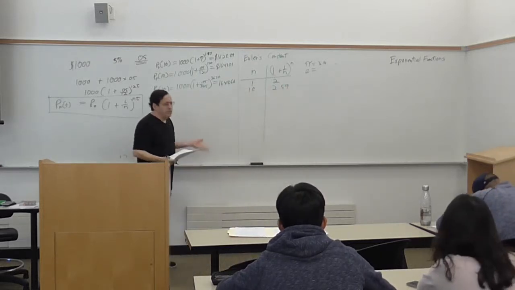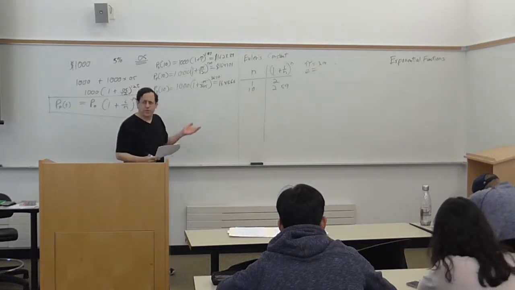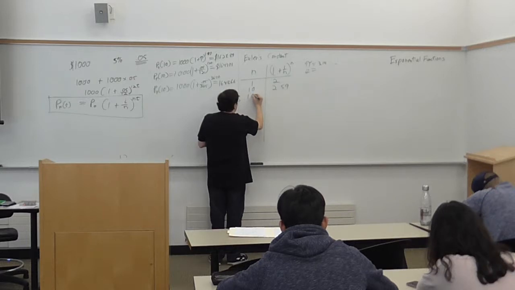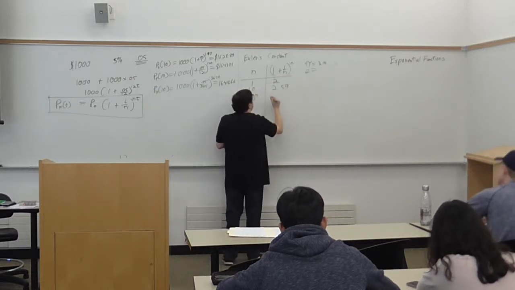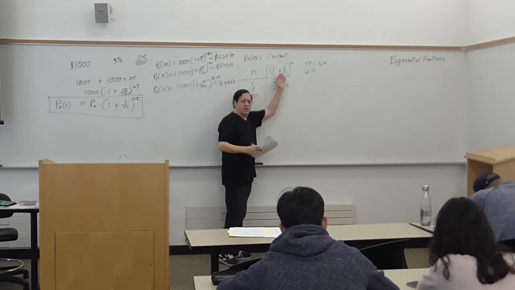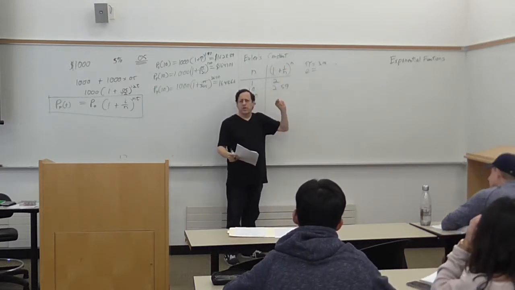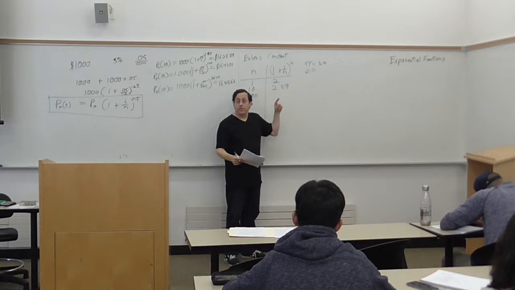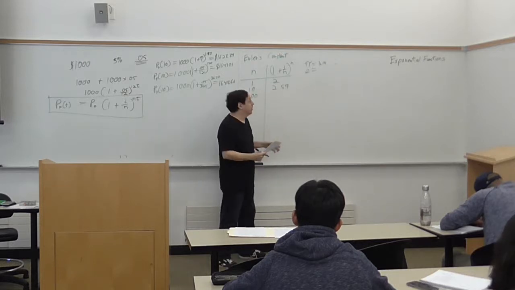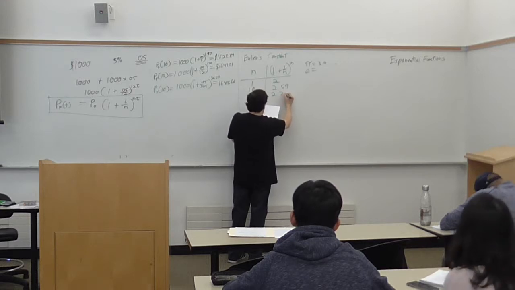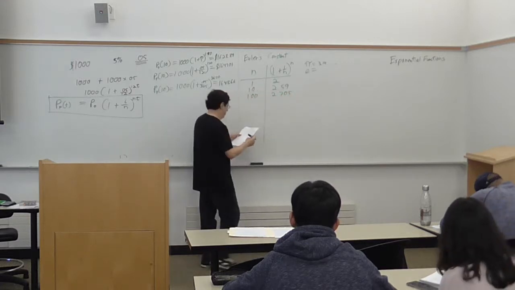Okay. It's larger than 2, but less than 3. Repeat this, we make n 100. See what's happening? This is 1 plus a very small number, and we multiply it by itself a lot of times. So here we get 2.705.